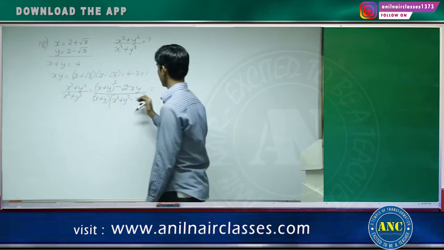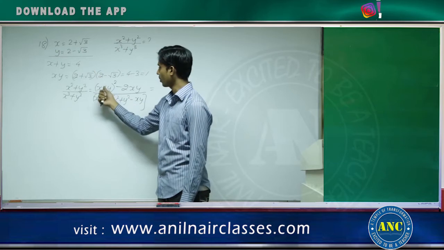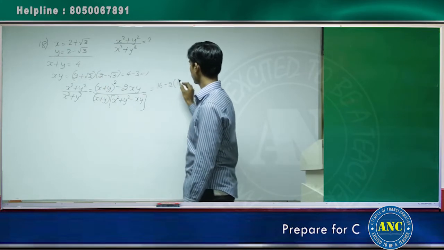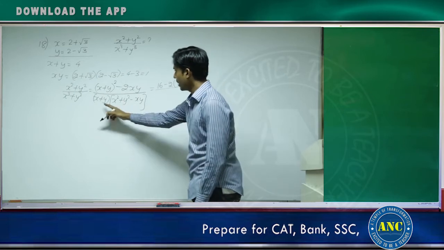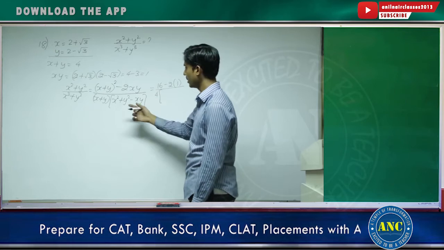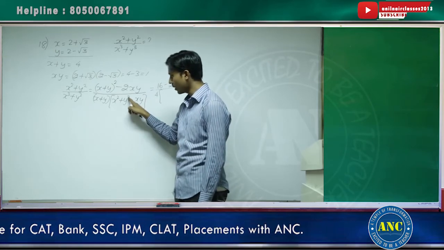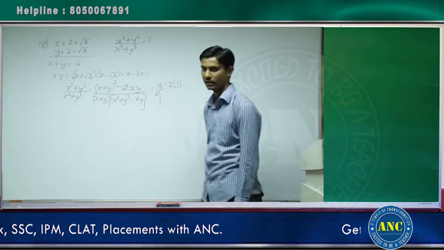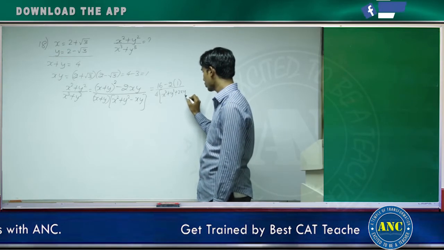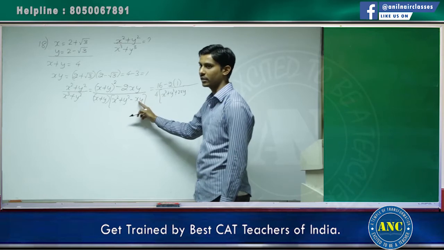If I further simplify it, x plus y is nothing but 4. 4 square is 16. 16 minus 2 into xy, which is 1, divided by, again, x plus y value is 4 into, again further simplify it, x square plus y square plus 2xy term should be there, but actually here it is minus xy.